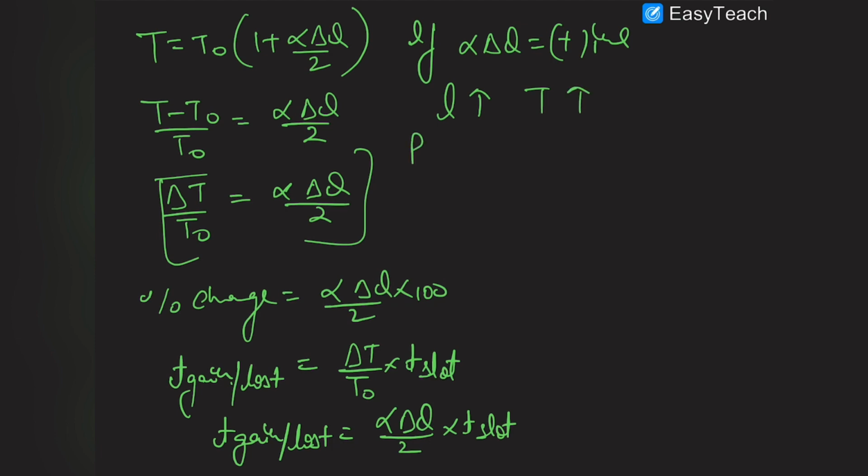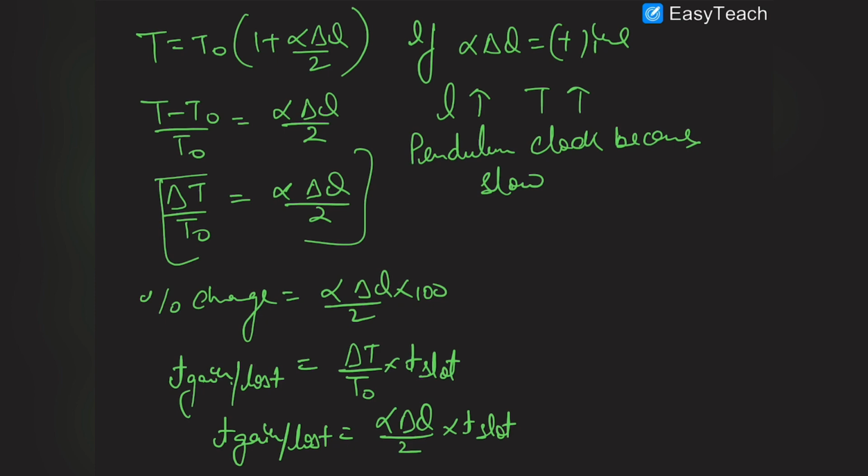So the pendulum clock becomes slow, because due to the increase in time period, the pendulum clock will complete its oscillation in a greater time, and therefore we can say that it is becoming slow.